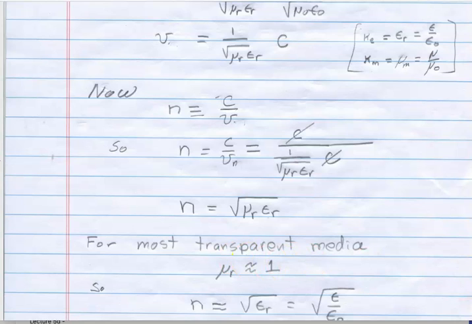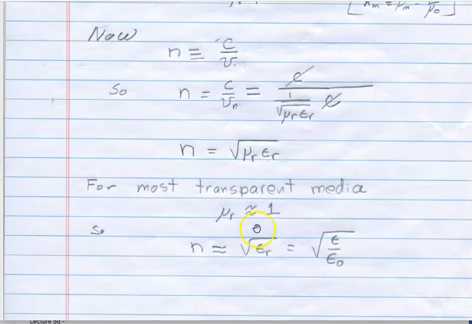Now, for us, you often see this approximation. For most transparent media, the relative permeability of the material is close to 1. It's like 0.97 sometimes, or 0.997, things like that. Or it's 1.05 or 1.04, things like that.